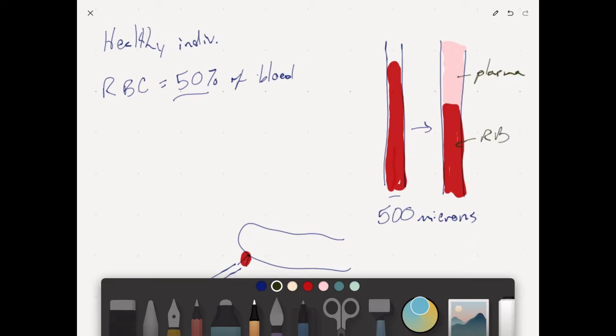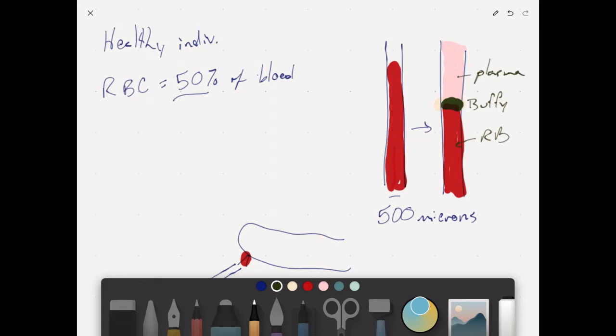Now there's a small layer in the middle, which I can't even really draw. We'll draw it in dark green but it's a white layer, and this is called the Buffy layer. I don't think it has anything to do with vampires. That reference may be too old for y'all.